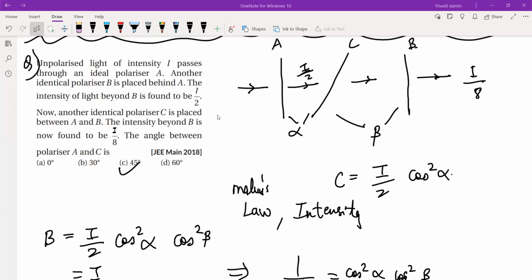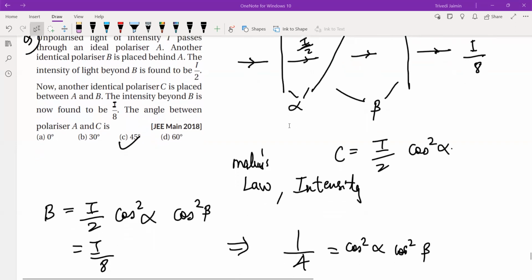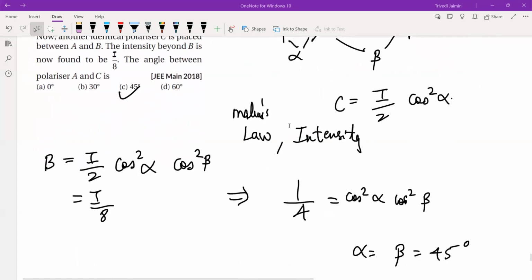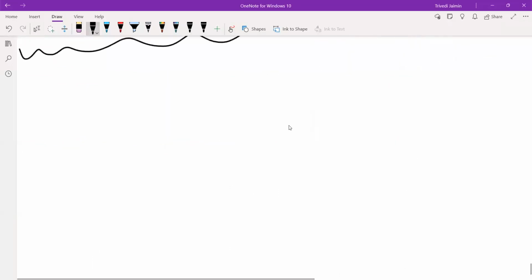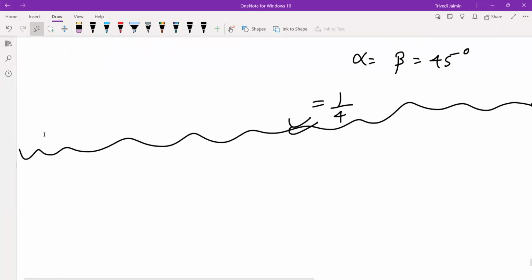Shruti? Yes, sir. This is the new formula for you all. Okay. Don't worry, make a note of this formula. We'll do more questions like that.